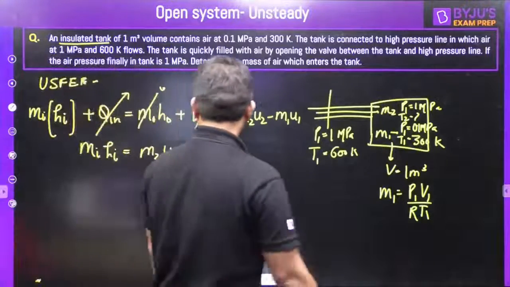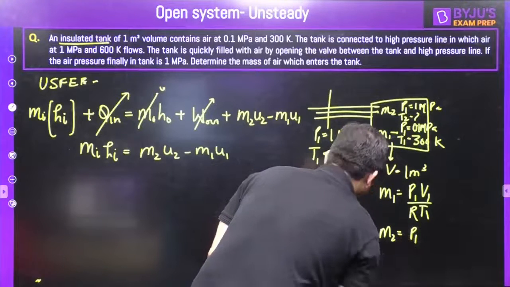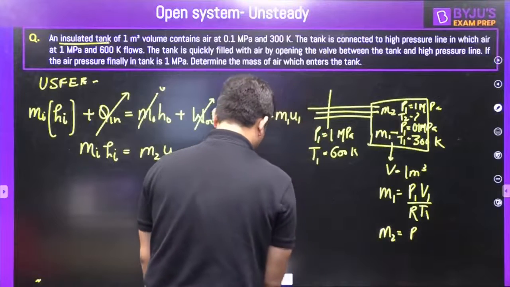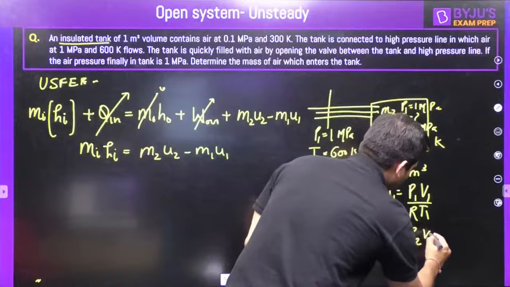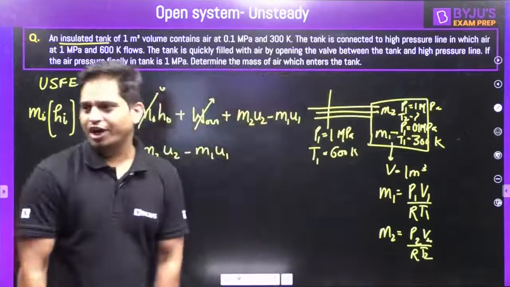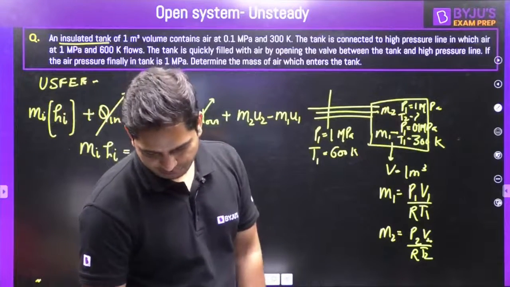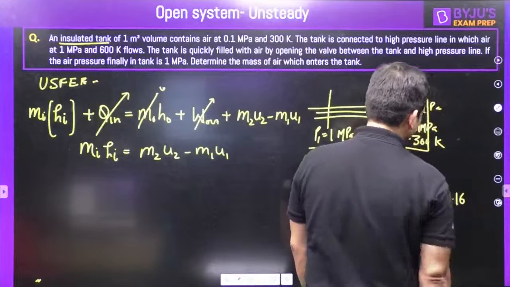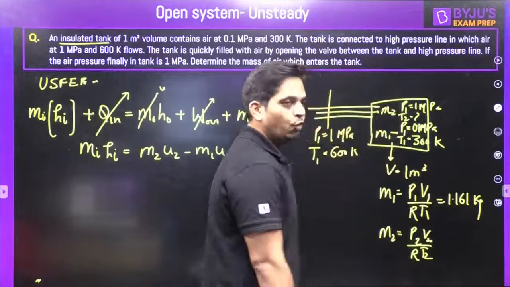M2, can you calculate M2? P2 V2 upon R T2. How much M1 did you get, Bhavya? M1 is 1.16. Let me check, 1.16, that is correct. 1.161 kg.